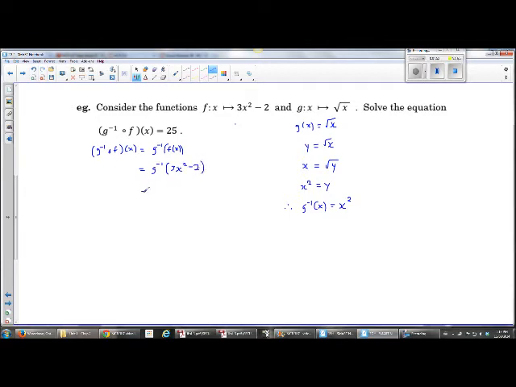And now I will substitute that 3x squared minus 2 in for x of the g inverse of x. So that becomes 3x squared minus 2, all squared. So this is g inverse composite f of x right here. And we want to solve this when that equals 25. So I'll say 3x squared minus 2, all squared, equals 25.